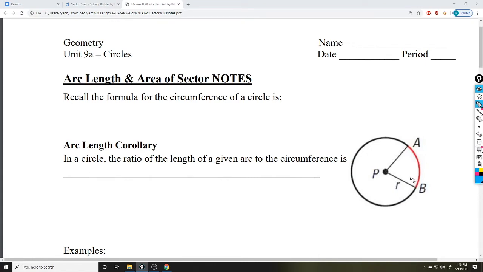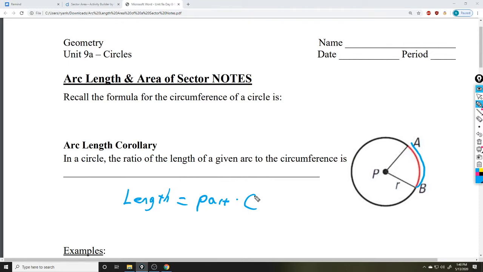And so similarly to what we were just talking about with areas, the length of an arc, if I just want a piece, then what I usually say is that length equals part of the circumference. Part times circumference.